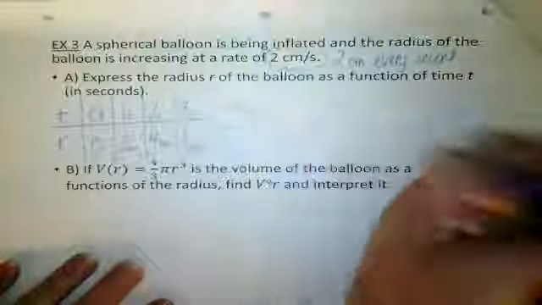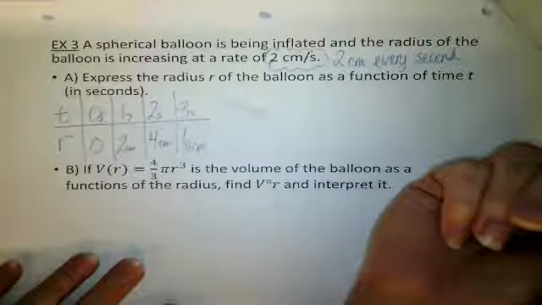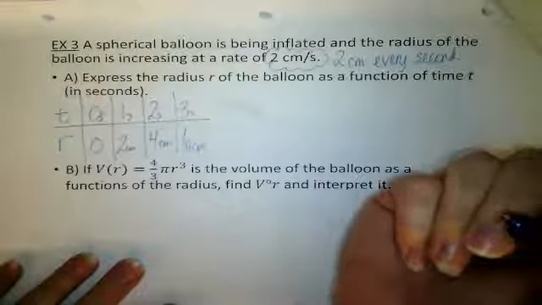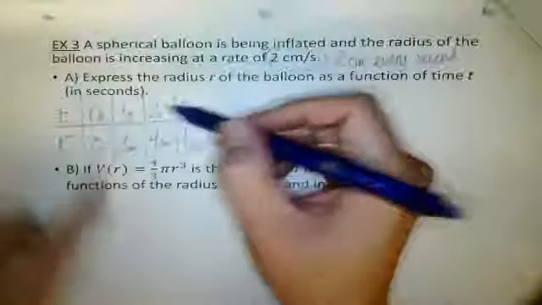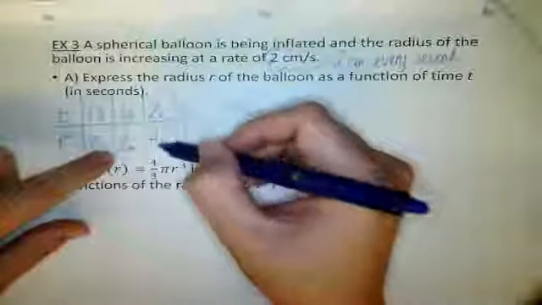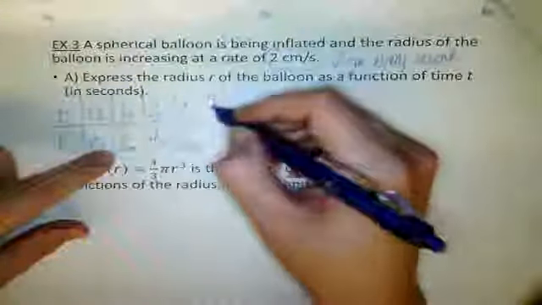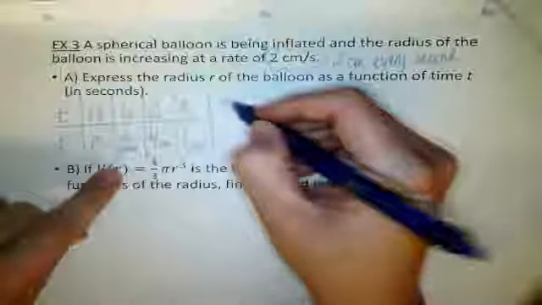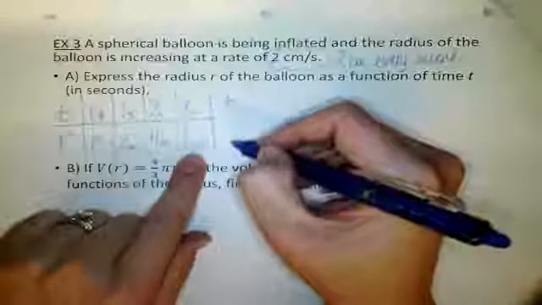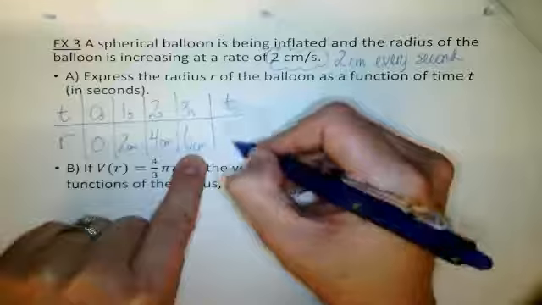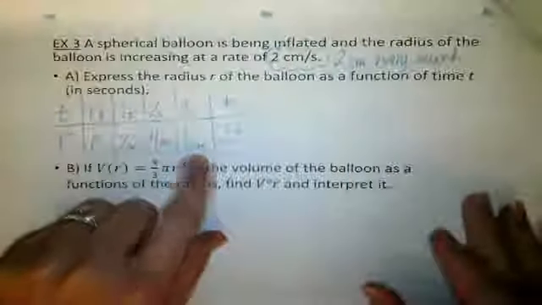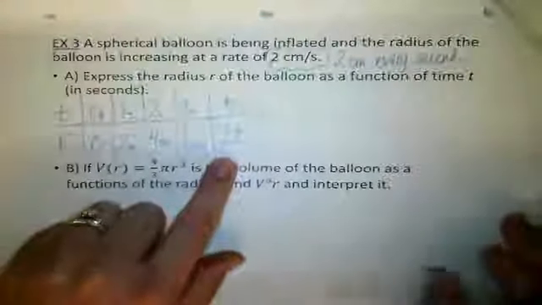What are we doing? Multiplying by 2, right? 1 times 2, 2 times 2, 3 times 2. And so if we have t seconds, what do we have to do to get the number of centimeters? 2 times the t.